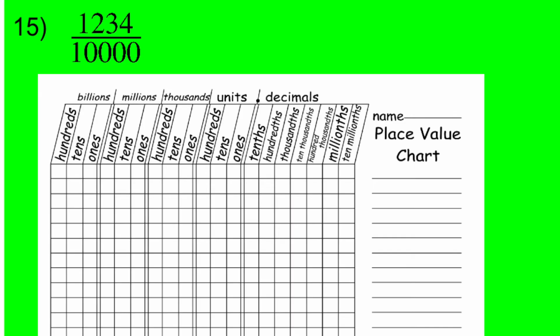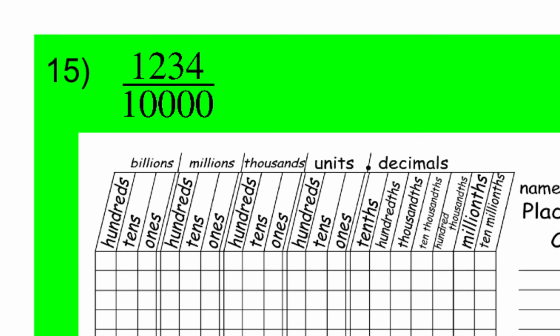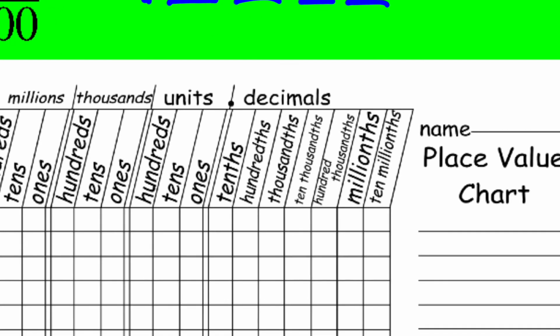And in grade 6, we have to go all the way up to the 10,000th. So in this one, this fraction is 1,234 out of 10,000. There's 4 zeros in 10,000, which means our decimal number will have to have 4 place values. It'll have to have the tenths, the hundredths, the thousandths, the 10,000ths. These are the digits that will go in them.